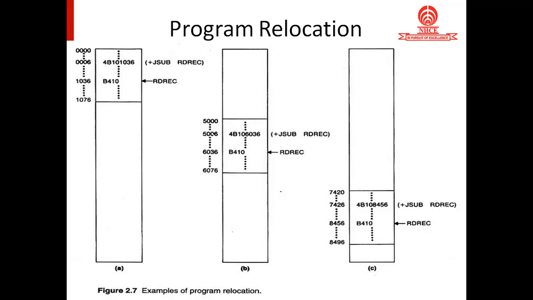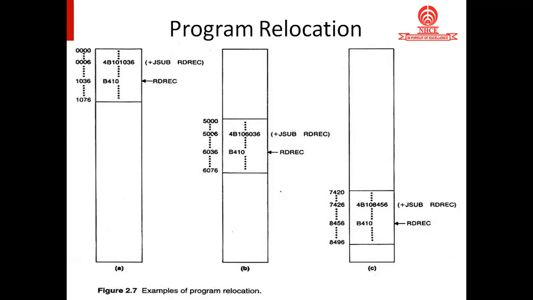So, for example, if you look at figure A, the starting address of the program is assigned as 0. Since we have assumed 0 as the starting address, the object code has the value 1036 for the RDREC. So RDREC is defined at location 1036. So the object code would be 4B101036 for the instruction JSUB RDREC.